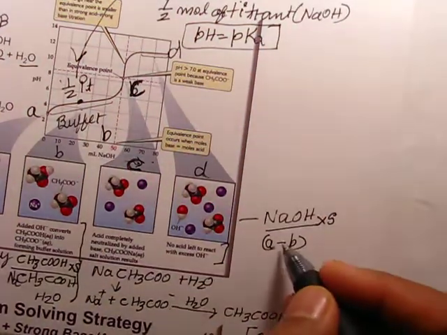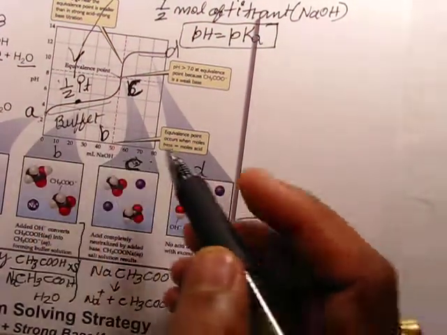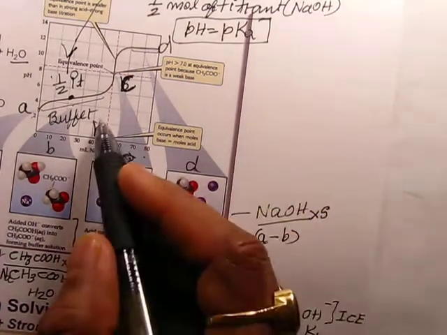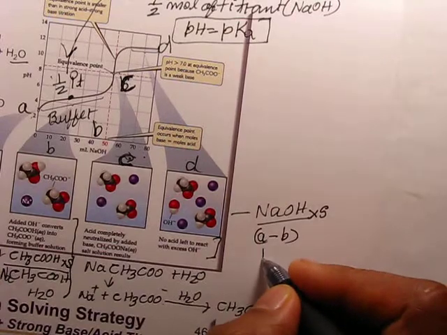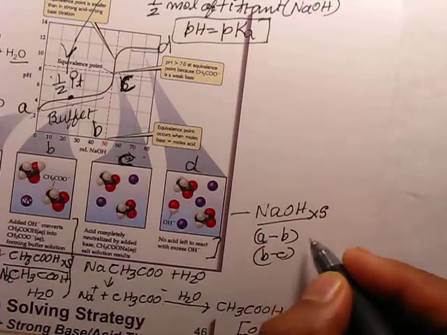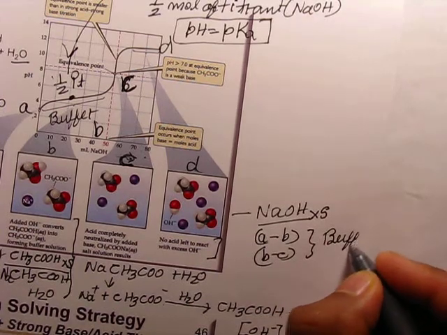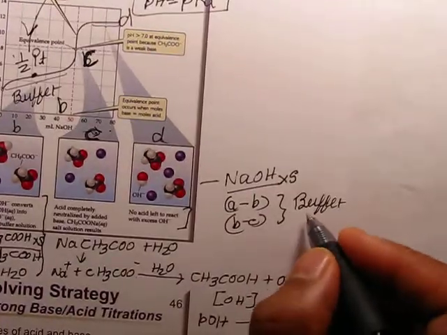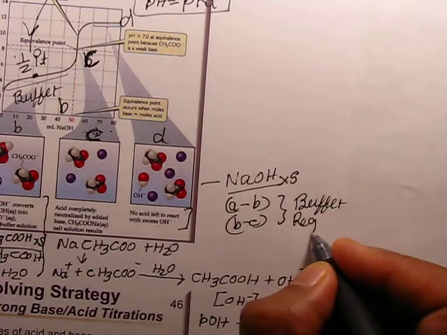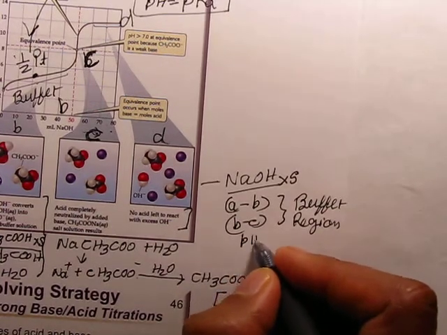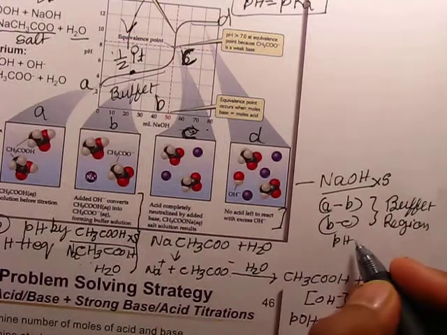So the A to B region and the B to C region are in the buffer. This is called the buffer region, and the pH is calculated by the Henderson-Hasselbalch equation, which we have already explained.